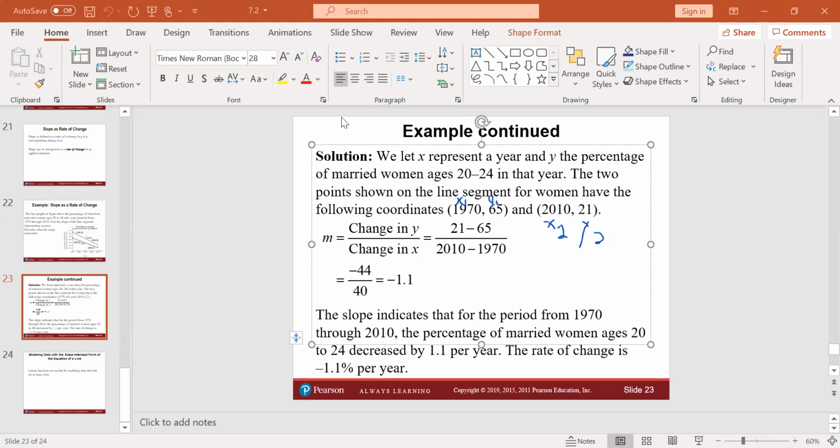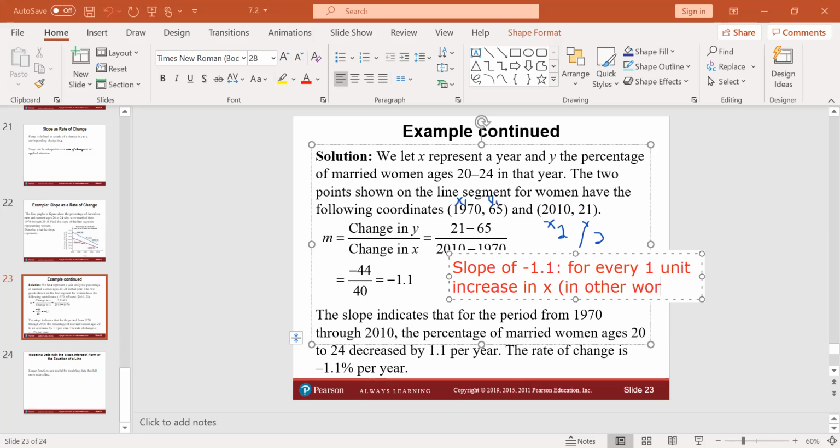Here's the interpretation of that slope. What that means is for every 1 unit increase in x, in other words, for every 1 year, y decreased by 1.1 units.